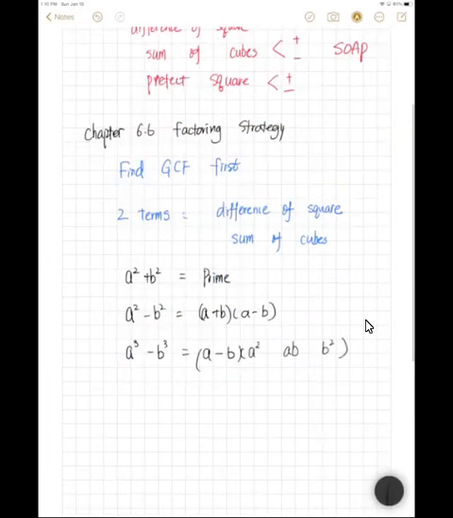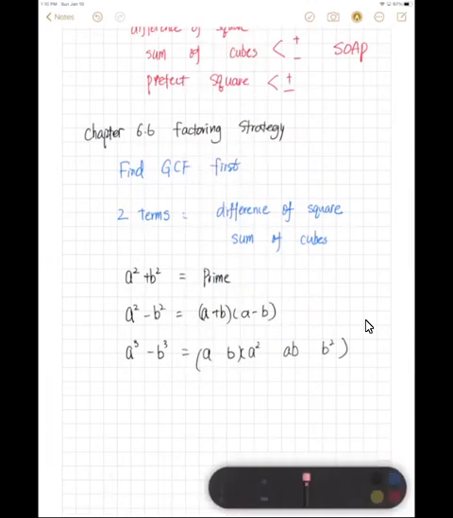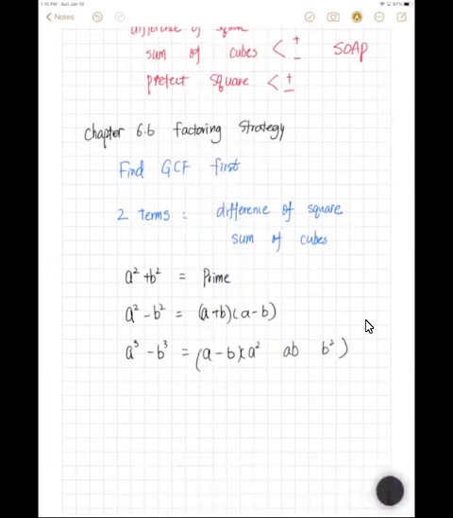Same for the sum of cubes, opposite sign, always positive: a plus b times a squared minus ab plus b squared.